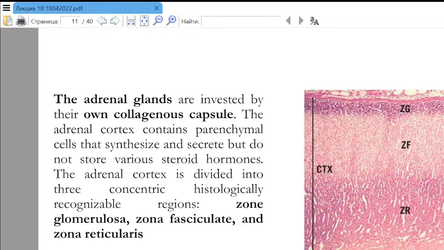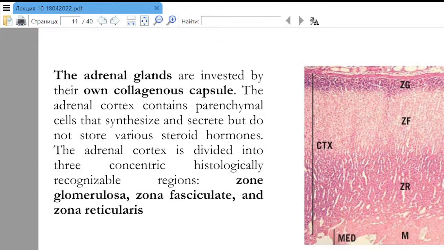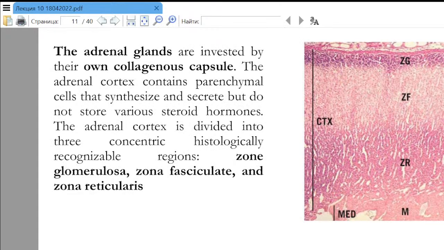There is connective tissue and adipose tissue. You see the medulla, at the border between cortex and medulla.